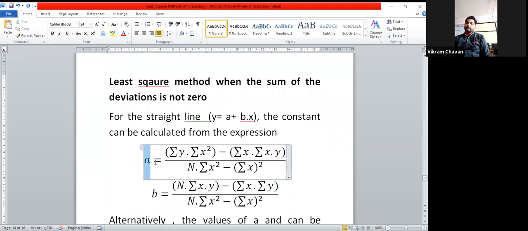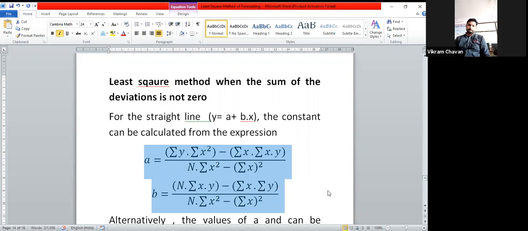Write down these two expressions for a and b. Write them down properly, and provide the brackets as and when required, so that it will clarify your doubts.